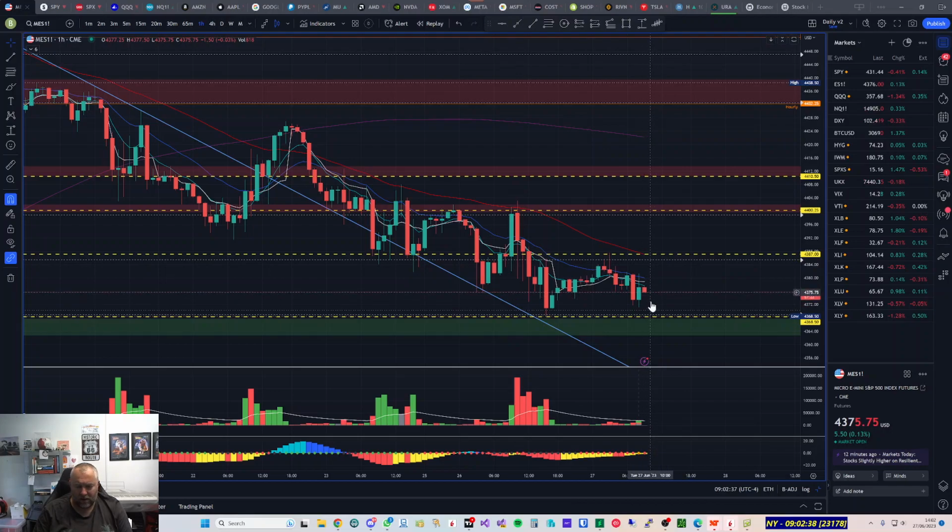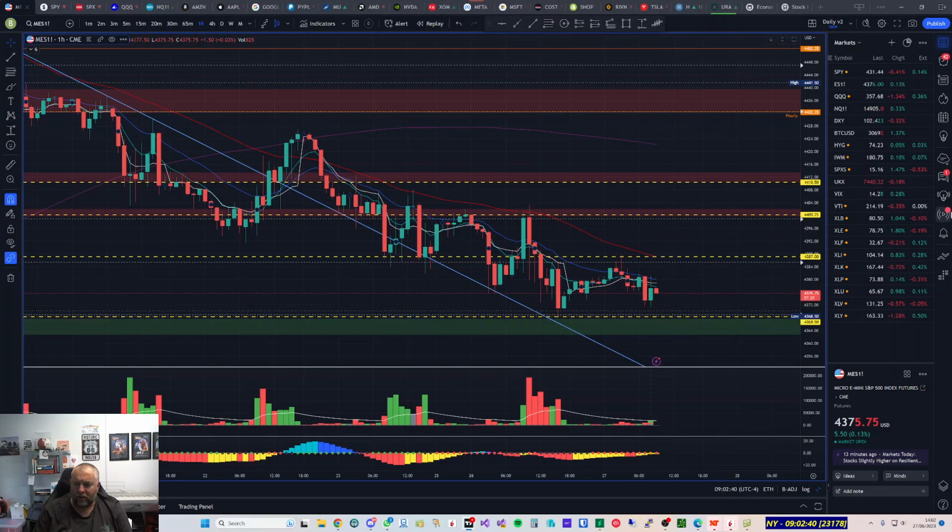I want to see us sell off into this pivot, and what I'm looking for is either a bounce back up to confirm this double bottom, or if the market's selling off hard, I want it to maybe pull back up into this area. I want to see a little bit of daylight on the pullback.